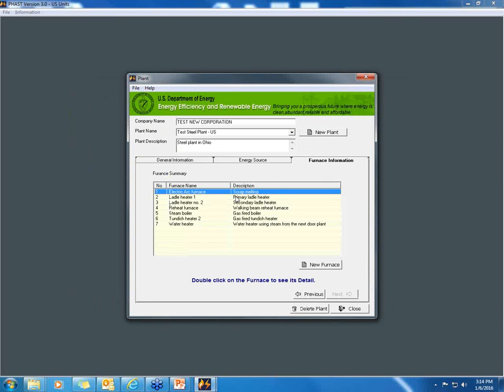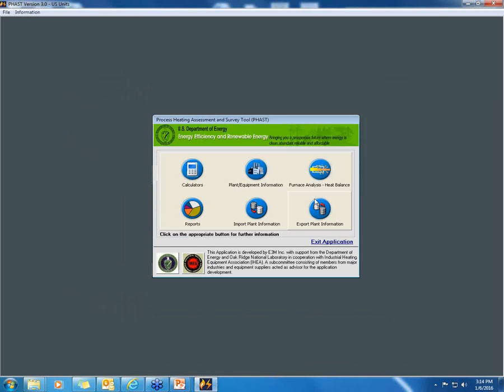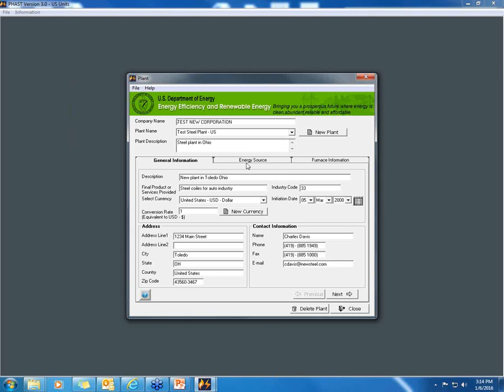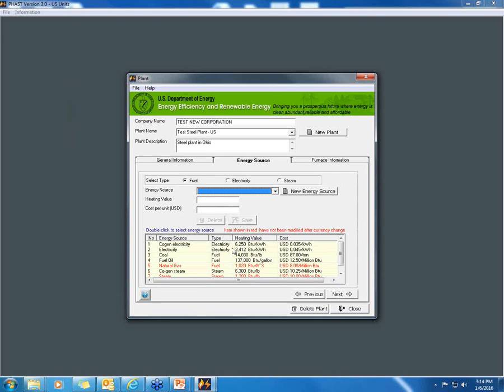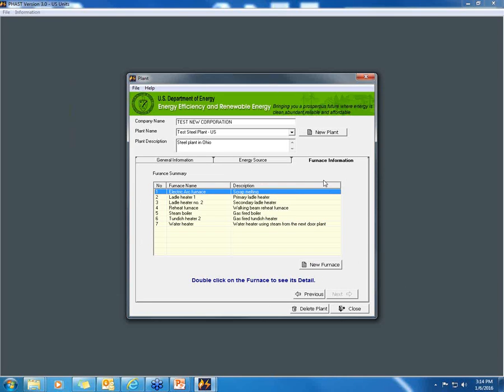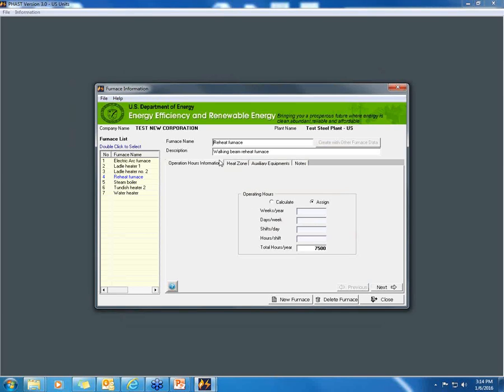Let me quickly go back. What we did here: we went into plant or equipment information, we collected general information for this particular plant, we collected energy source information, and then we added all these different process heating equipment. We also entered data specific to, for example, the reheat furnace, ladle heater 1, and ladle heater number 2.